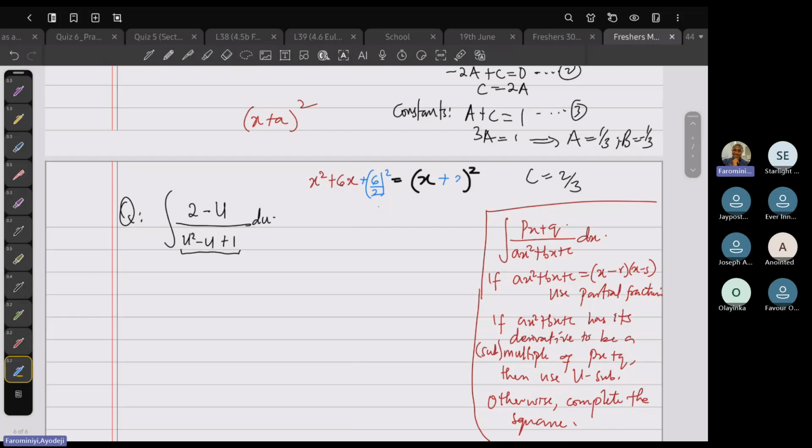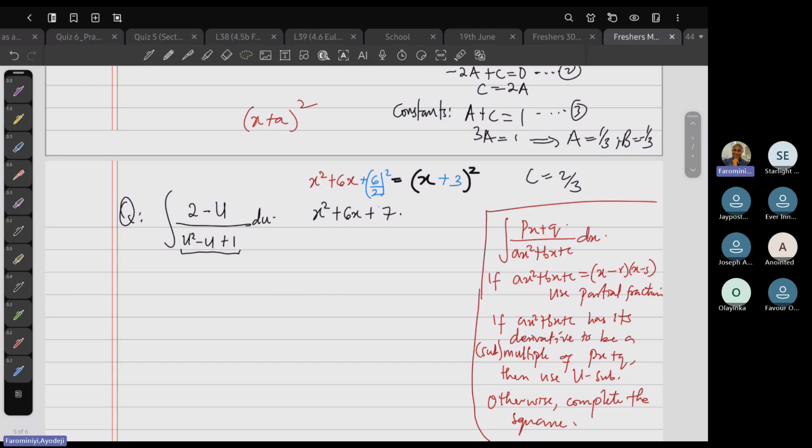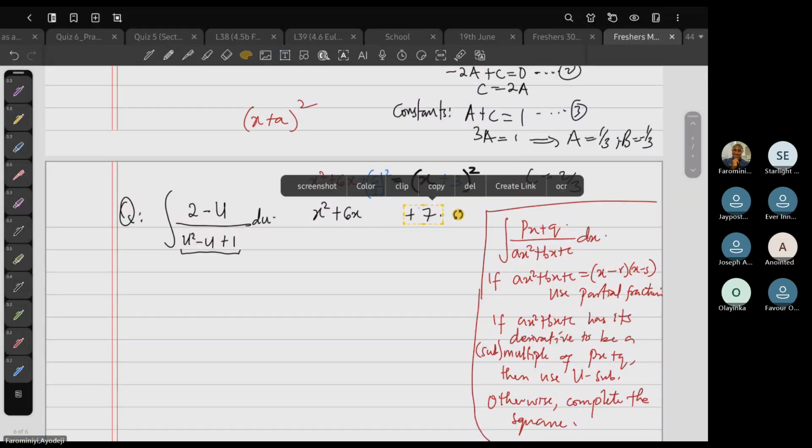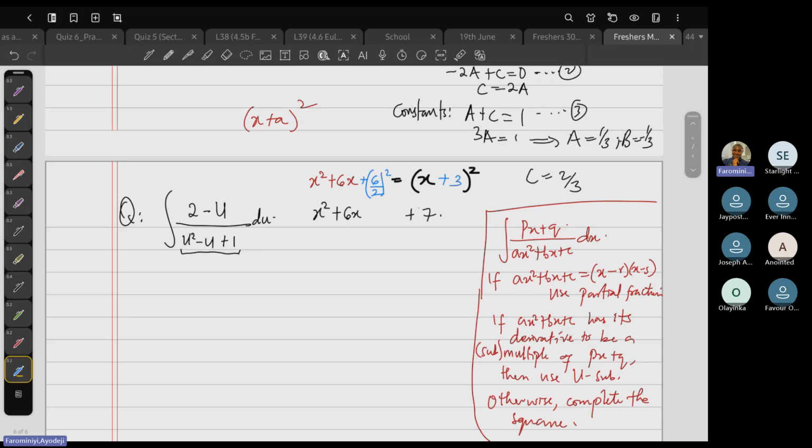Now if you have x squared plus 6x plus 7, and you are told to rewrite it by completing the square, what you do is separate the plus 7 and do the addition we did before, plus 3 squared.